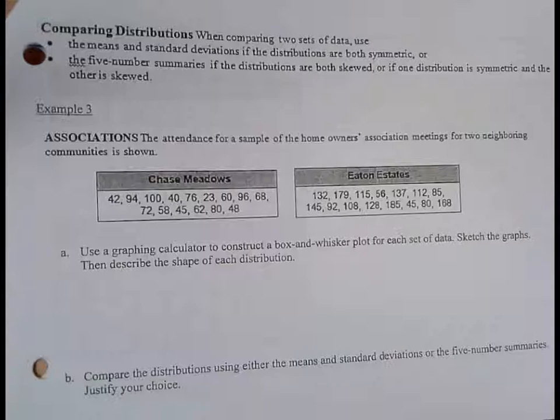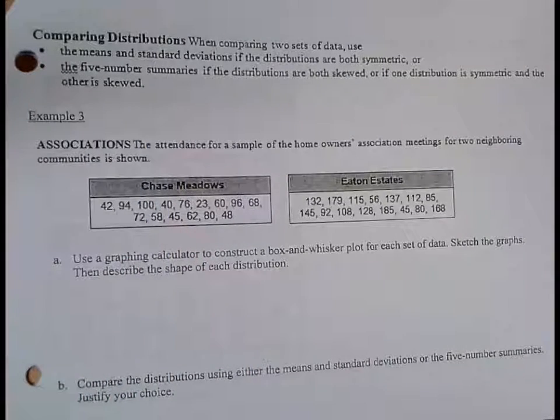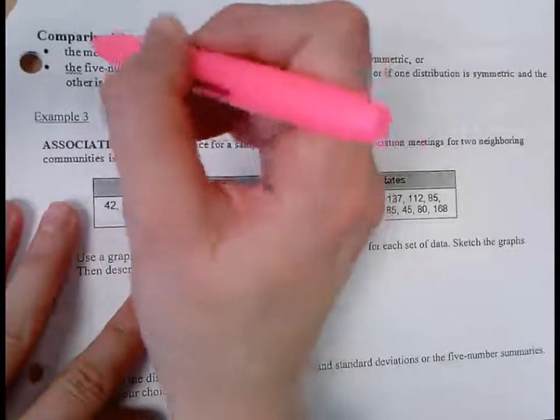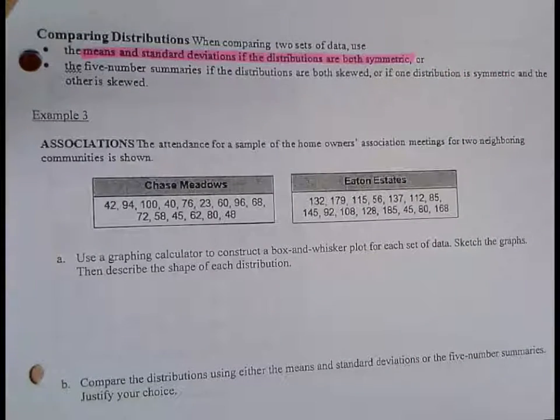So it says at the top of that next page, when you're comparing 2 sets of data, this is in terms of if you should use the means and the standard deviations, or you should use the 5-number summaries. You would use the means and the standard deviations only if both distributions are symmetric.